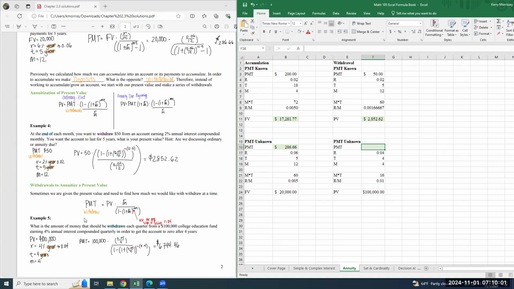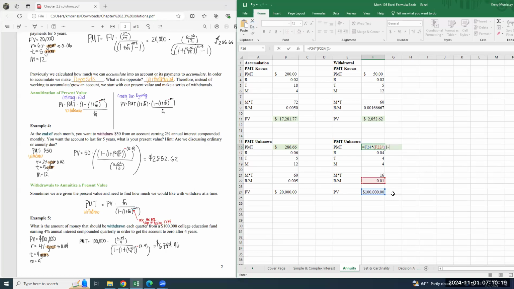We want to know, what do your withdrawals have to be? So you hit equals, and let's hit your present value times one parentheses open here to start, R over M, divided by, let's do 1, 2 parentheses.